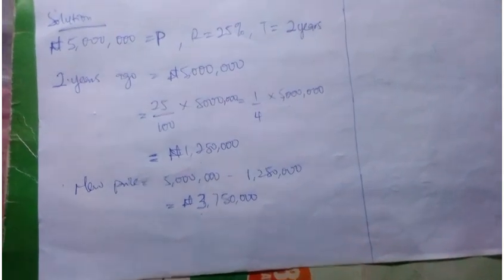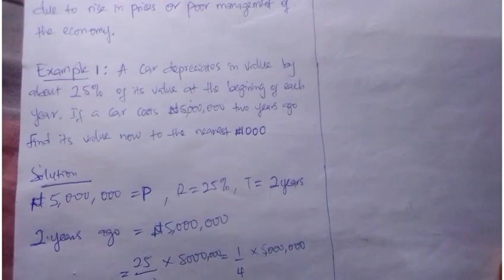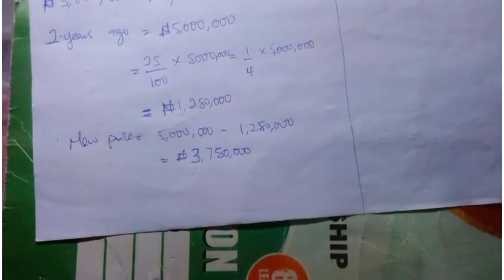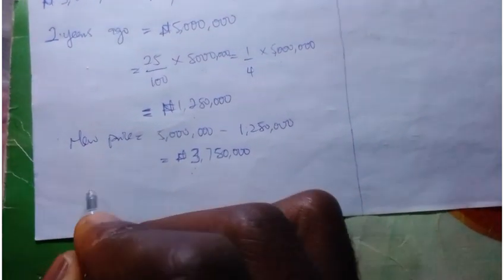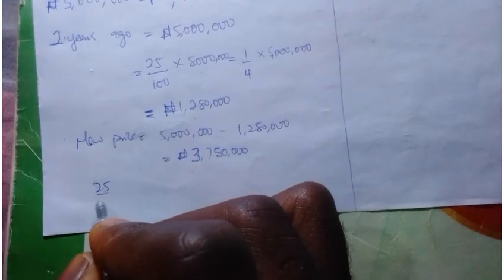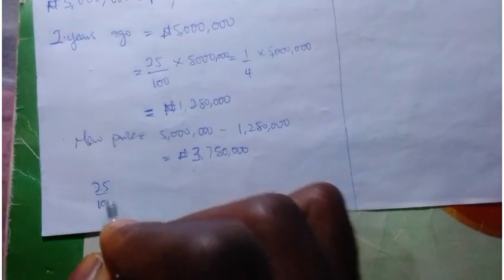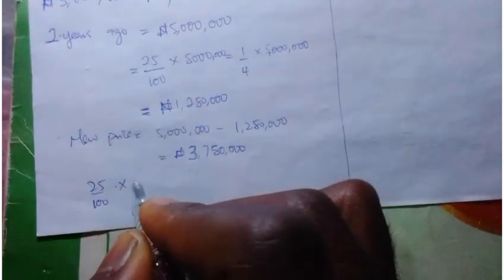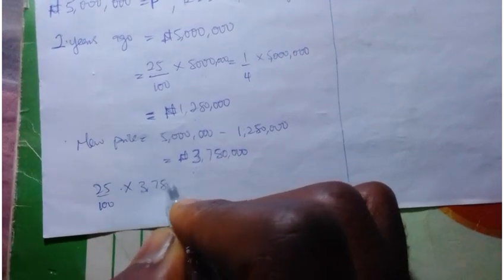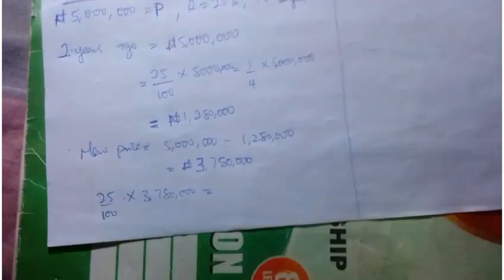Now, since they said the car depreciates in value at the beginning of each year, it means for the beginning of last year, 25% of 3,750,000.